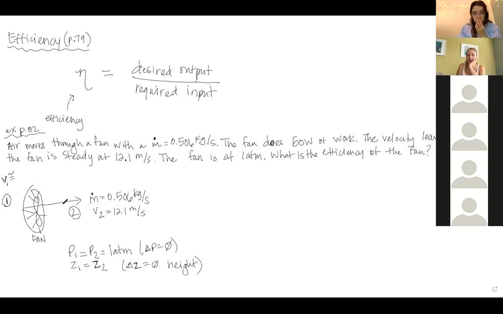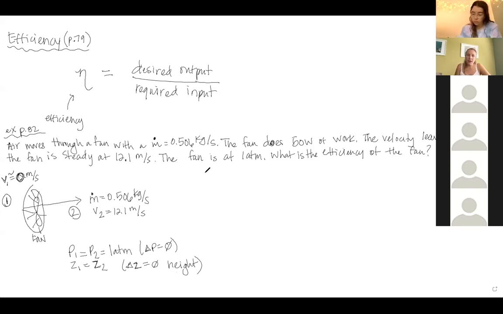Yeah, Elizabeth and Connor, yeah, we can approximate this to be 0. This air before it's coming out of the fan is not really moving around at all, assuming that you're inside or in a place that the air is not really moving. So we can approximate this to be 0 meters per second. Even if it's moving a little bit, it's moving so much slower than 12.1 meters per second that we can just approximate it to be 0.